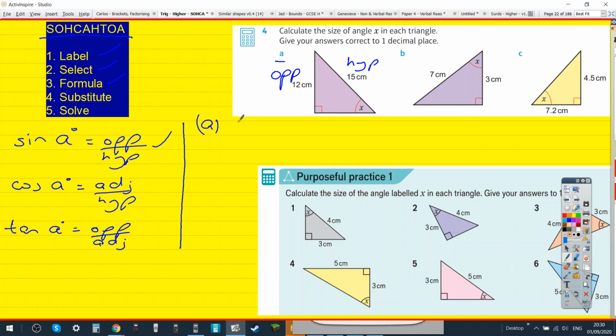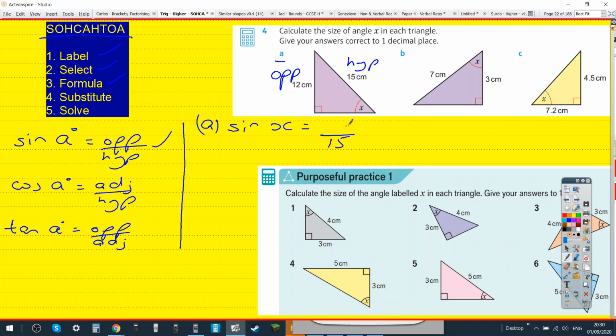So what goes where? Just sub in to this one. So it's sine, the angle is called x. What is the opposite? What is the hypotenuse for this one? The hypotenuse is 15 centimeters.